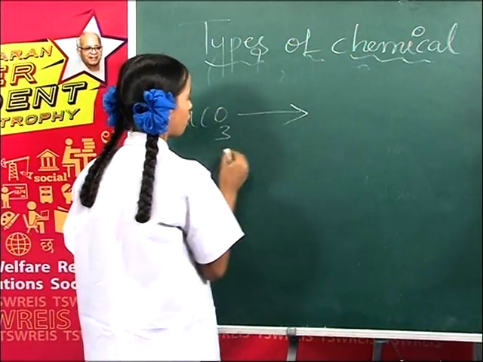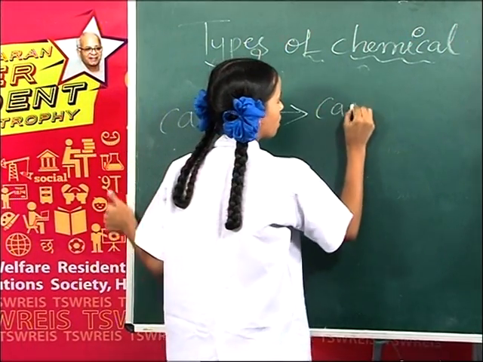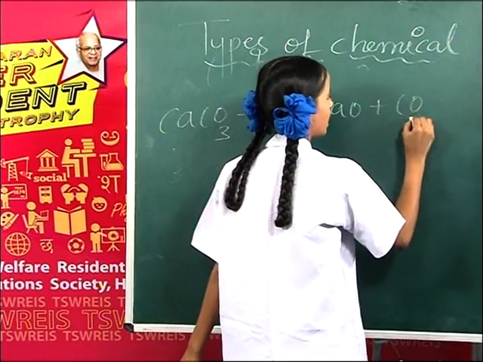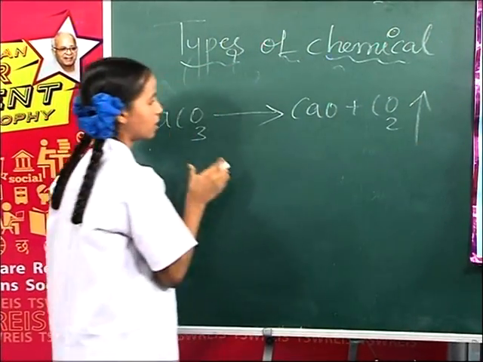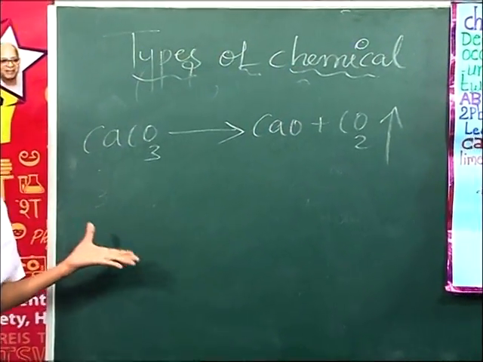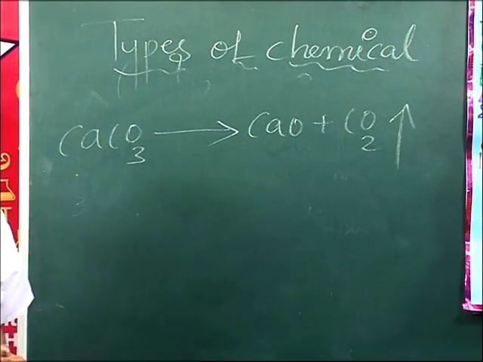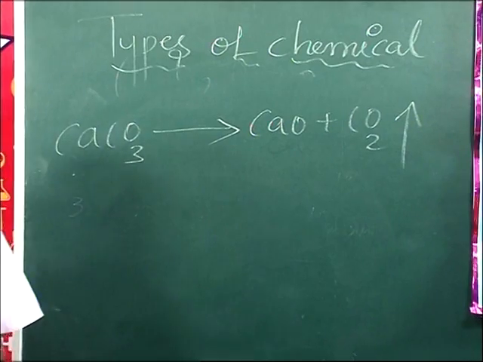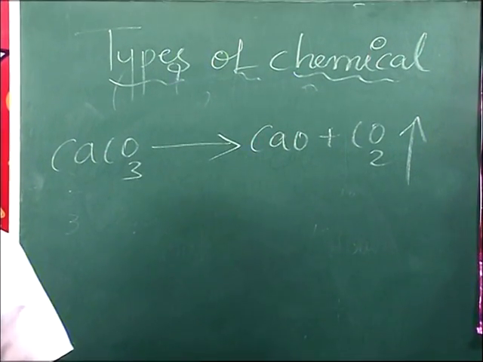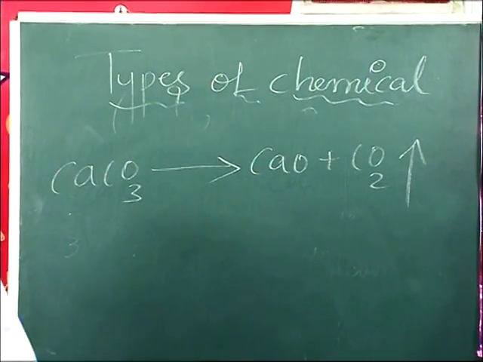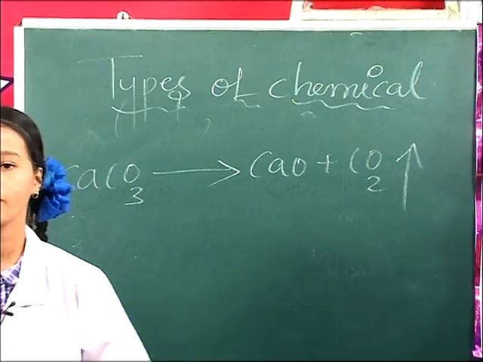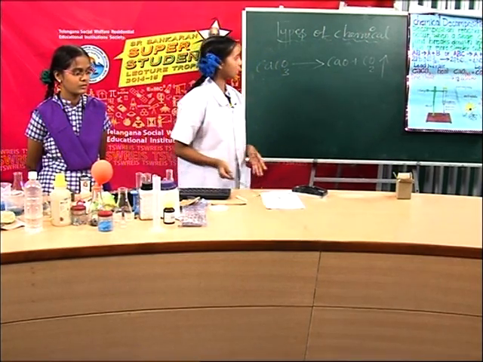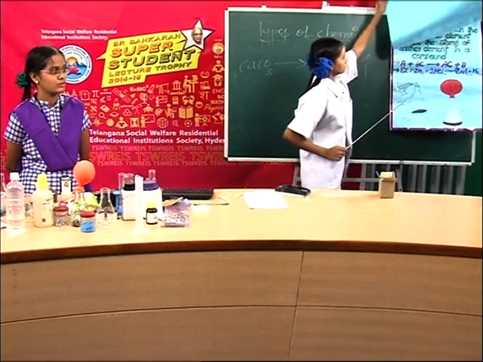This calcium carbonate splits into calcium oxide plus carbon dioxide gas. Okay, this is called a chemical decomposition reaction. Now we have done the decomposition reaction calcium carbonate experiment. Let's see another one. What is that?